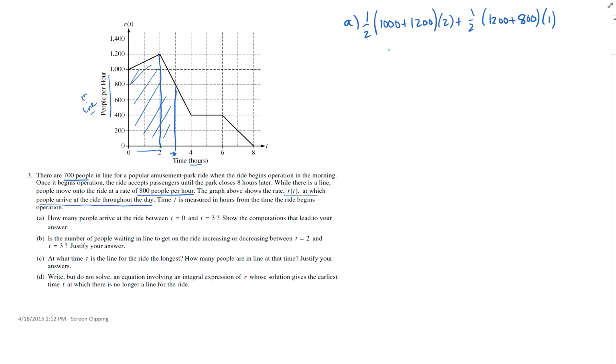And if you do that, you get 3,200 people. So 3,200 people got in line from 0 to 3 hours.